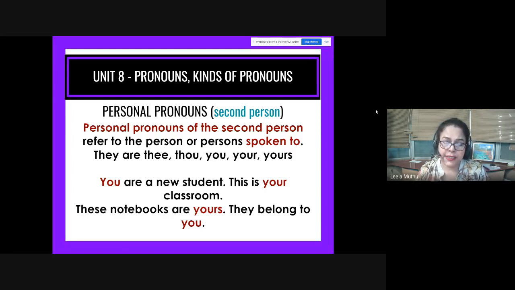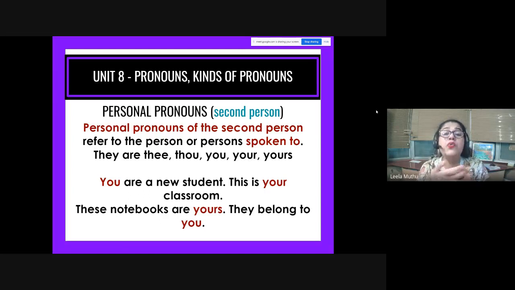Okay, now look at this sentence. You are a new student. You are being spoken to. Okay, personal pronoun of the second person, which is basically a singular pronoun when I'm talking only to one person, to you. You're being spoken to, you, right?